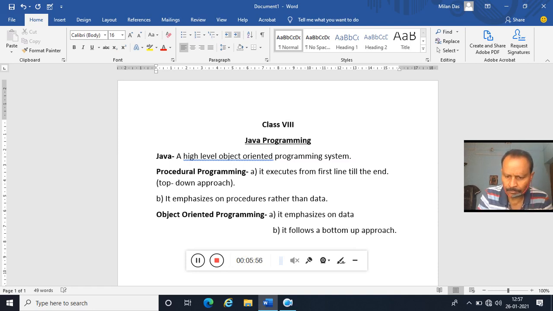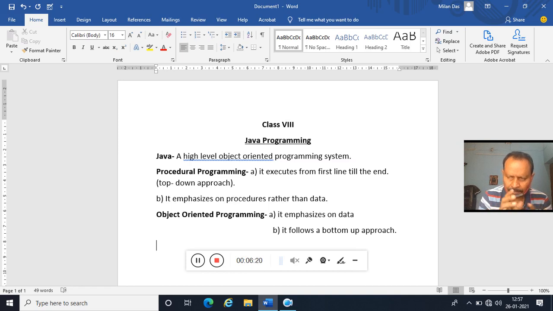Now, what is a bottom-up approach? At this stage, it is difficult for you to understand, because I don't think you had learnt about the procedures in class 6 or 7. Now, in standard 8, it is difficult.